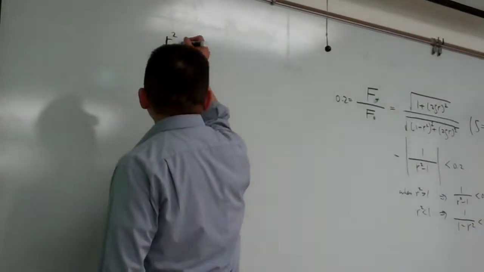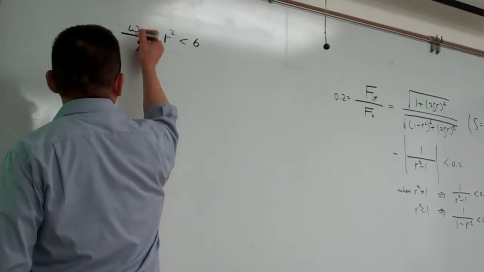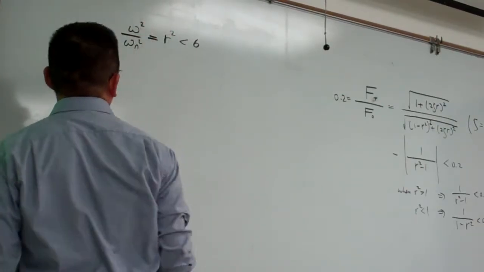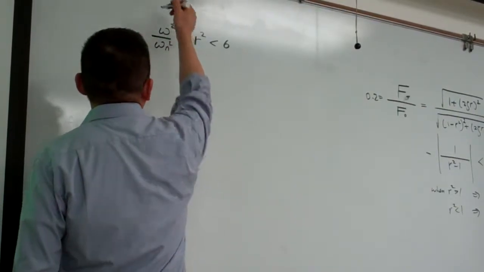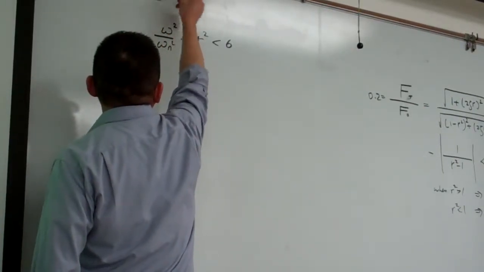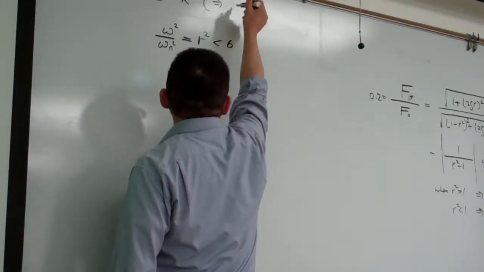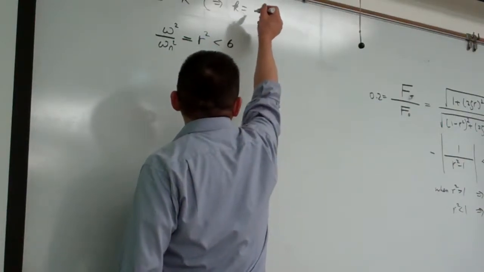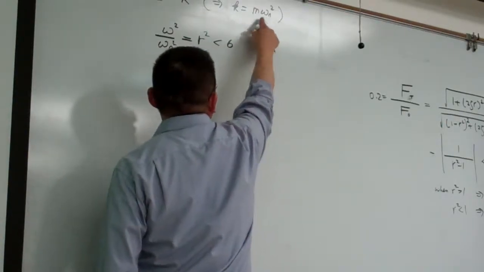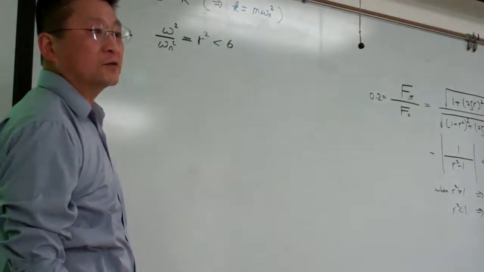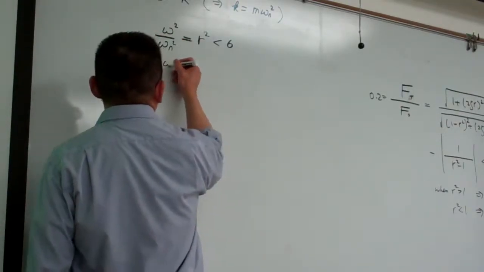So r squared is greater than 6, that is what we found. And also we know r equal to omega over omega n squared. Okay. So from here, we're looking for k, and we know k equal to m times omega n squared. So basically, we're looking for omega n squared, which simply is looking for k. So here omega n is the unknown we're looking for. So that means omega n squared.